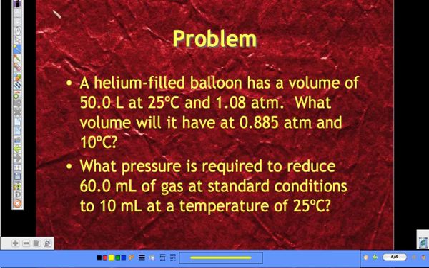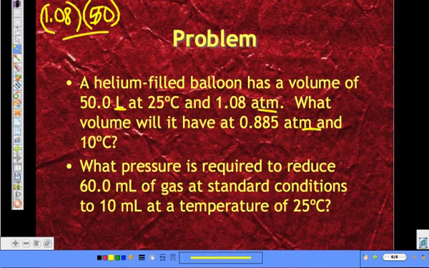So what is P1? What is V1? I guess we should check. Do we have all the same units? Liters. We're looking for volume. We're going to have to change Celsius, but these are both in atm, so we're fine.